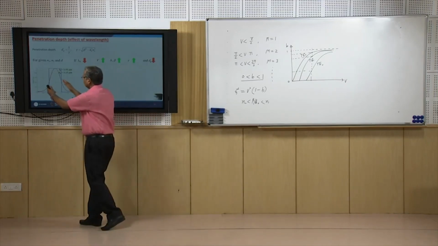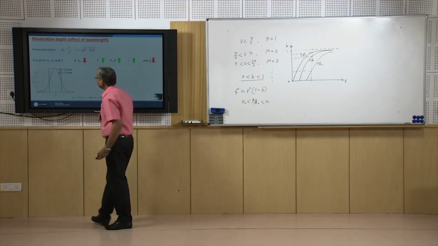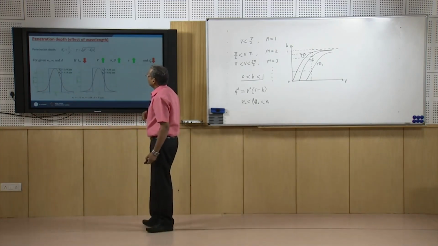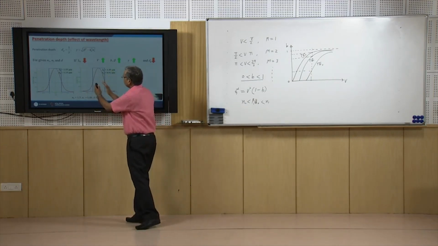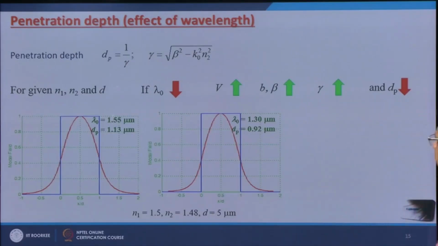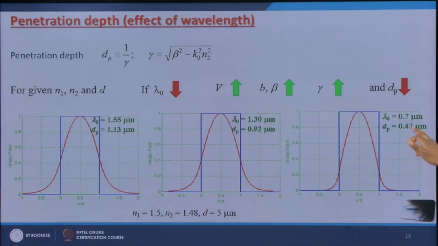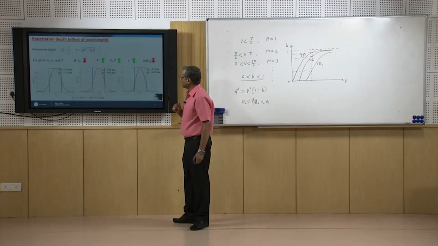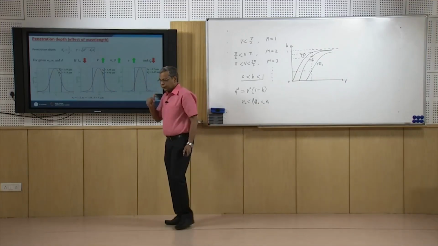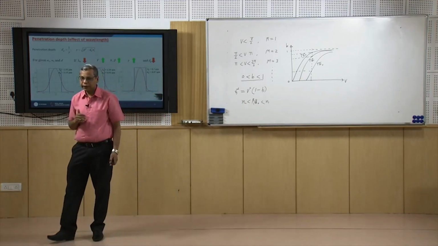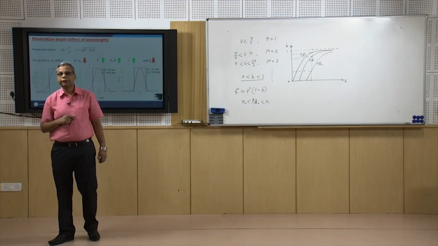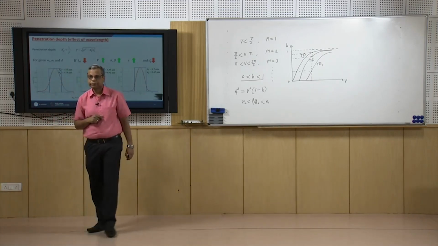You can see how much the field extends outside, and when I decrease the wavelength to 1.3, the field is pushed more towards the N1 region, and when it is 0.7 micrometer, the penetration depth is much smaller. So, this is how the modal field would vary with different parameters of the waveguide and wavelength.